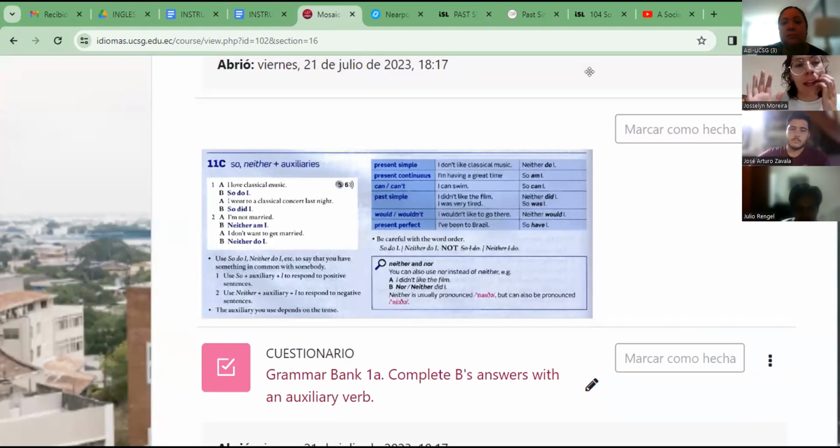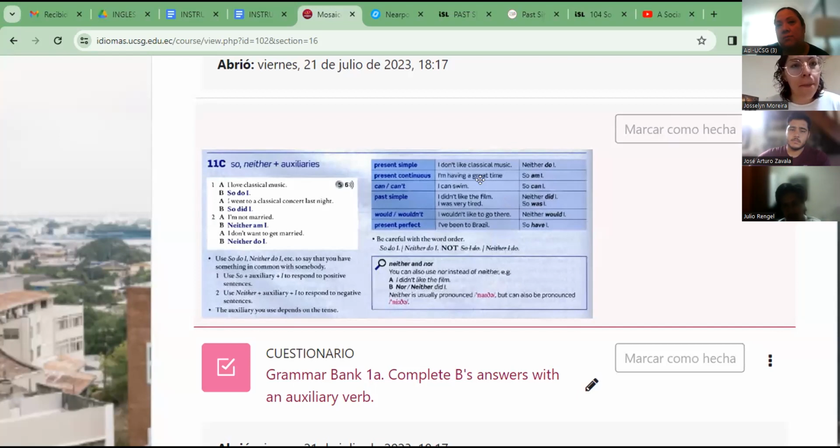I remember that neither is for negative sentences and either is for positive sentences. Okay. What else? Yes, it's correct, Jocelyn. It's the same as so.